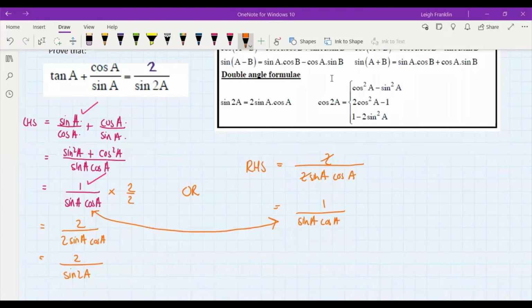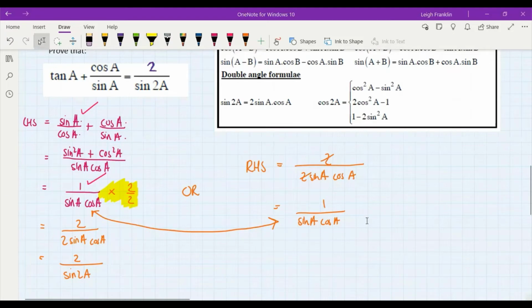Am I changing its value? I'm not changing its value, Kulani. If I multiply something by a number over itself, then I'm multiplying it by 1. So that's why it is allowed. Here, 2 over 2 is actually multiplying by 1, and that's why it's okay. And in trig, this comes up a lot where we have to multiply by 2 over 2. It's quite an important thing.